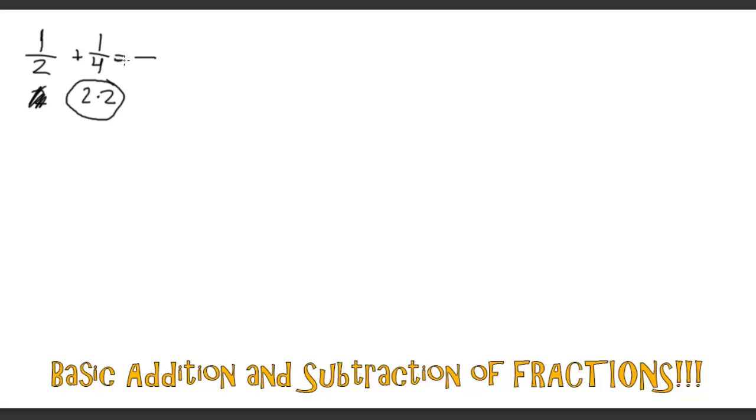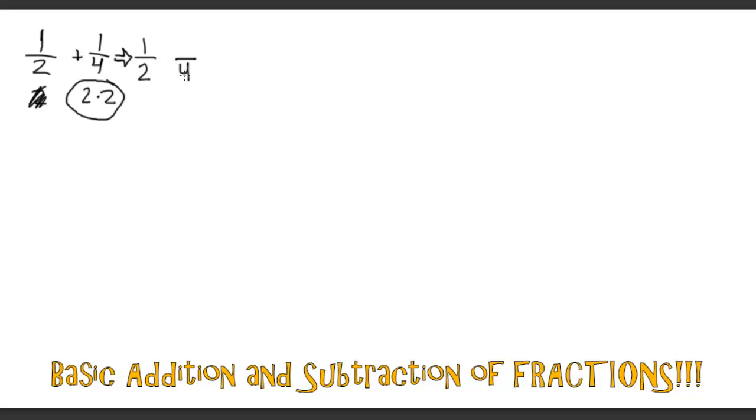So this problem is going to equal, we're just going to do an arrow instead. That's going to make more sense instead of equals. We're going to take 1/2, and we have to turn it into something that has 4 on the bottom, because we need to make it into the common denominator form of that fraction. So in order to turn 2 into 4, we have to multiply it by 2.